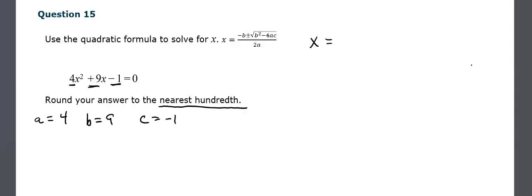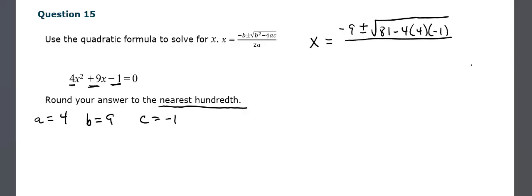Since b is 9, this is negative 9, plus or minus the square root of b squared. So 9 times 9 is 81 minus 4 times A, which is 4, times C, which is negative 1, all over 2A, which in this case is 2 times 4.